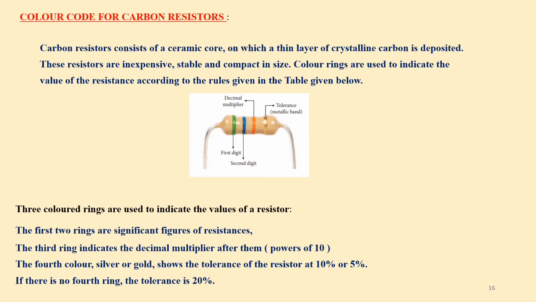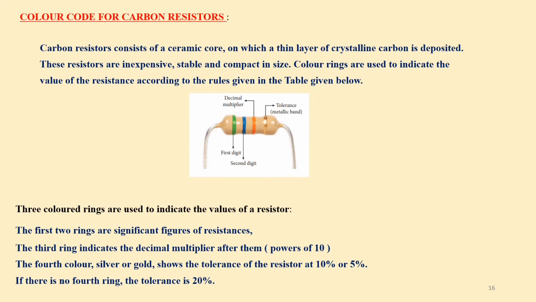So what do the color rings indicate? Let us see now. The resistance value is indicated by these colored rings. In the picture, the first ring green is labeled as the first digit, the blue ring is labeled as the second digit, the third red ring is mentioned as the decimal multiplier, and the fourth ring is mentioned as tolerance.